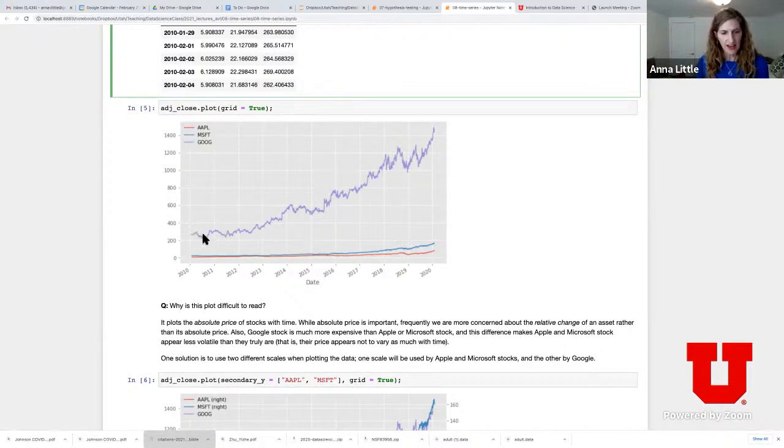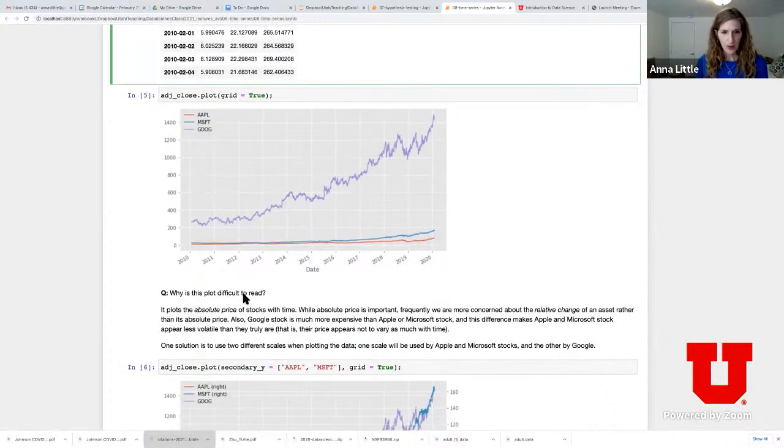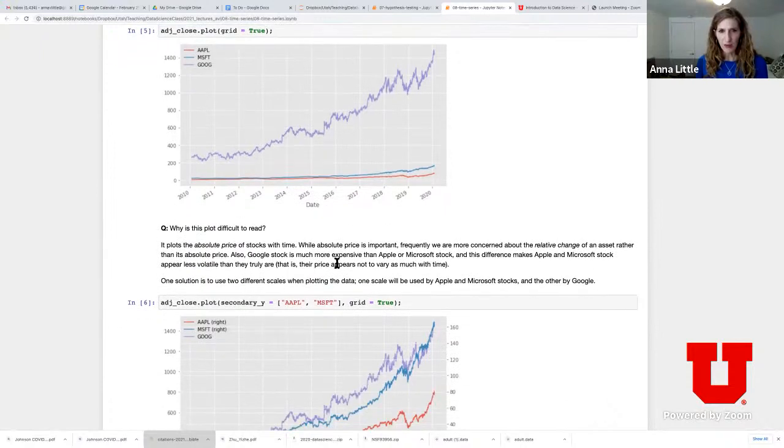It's just that we're plotting the absolute price. We're not looking at the relative change, but the absolute price doesn't really matter. What matters is whether it's going up or down. So we usually are more interested in the relative change of an asset rather than its absolute price.